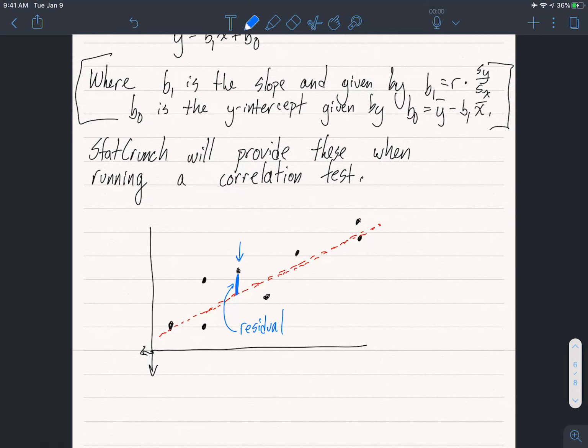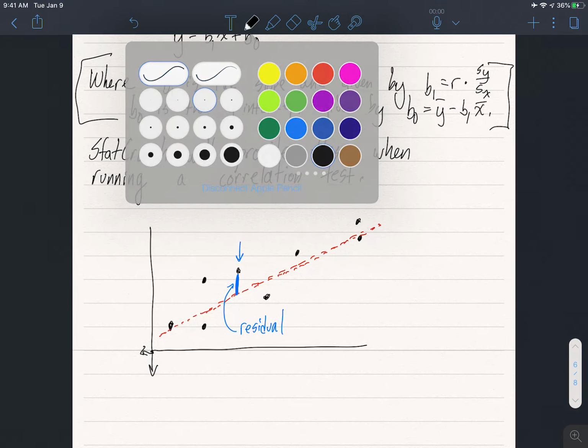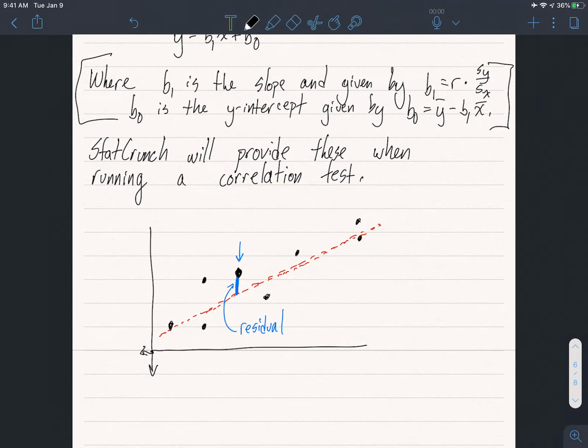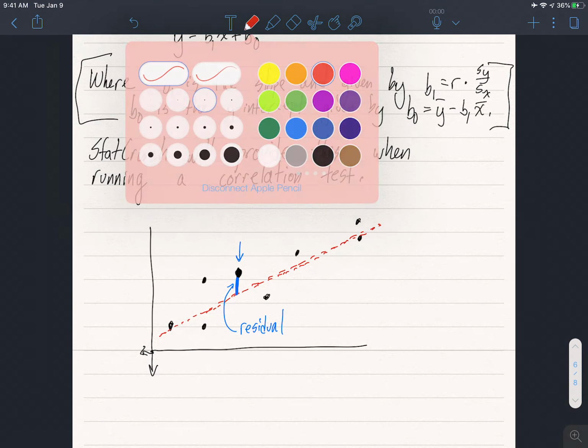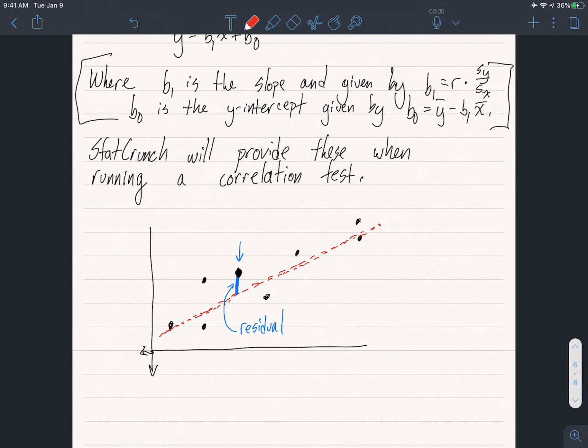Because the actual dot in black, the actual piece of data I found, and my predicted line, my regression line in red, this is the leftover basically, right? This residual is what's left over. It's the distance between my regression line and my observed value at that point.